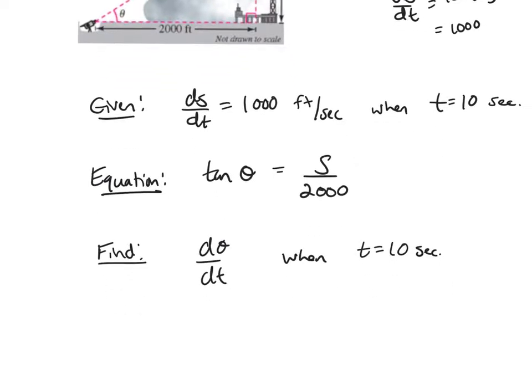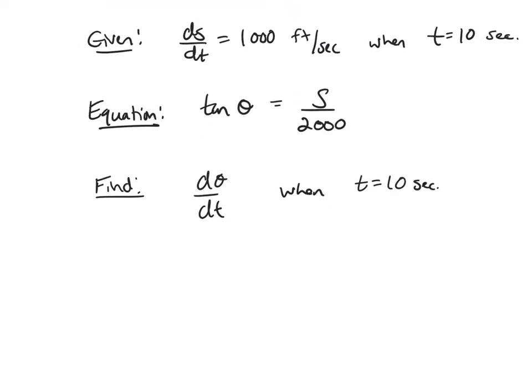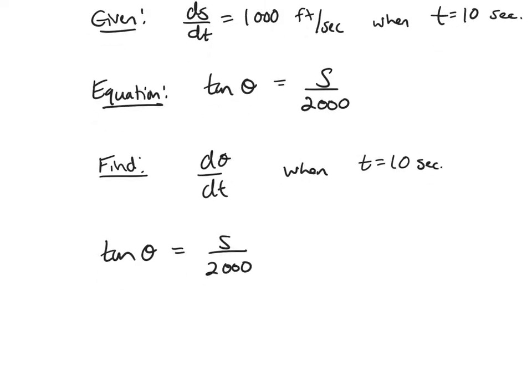So I'm going to take my equation that I was given here, tangent of theta equals s over 2,000. And I'm going to take the derivative of both sides. So the derivative of tangent, remember that that's secant squared theta times d theta/dt.